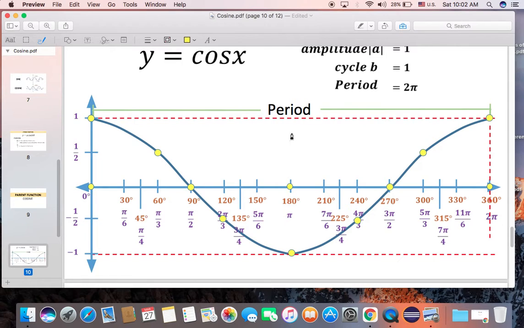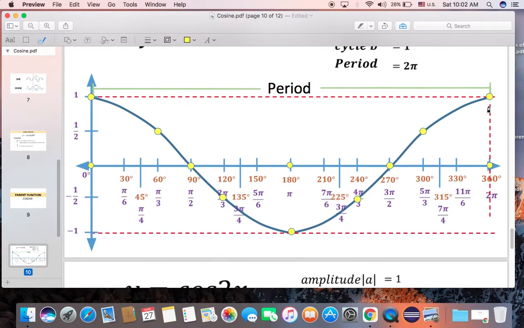The period here equals 2 pi. This is 2 pi. We just notice that if the period were equal to pi, the red straight line should be here. Understand? But it's 2 pi, so you can plot starting from 1 to pi and then move to 2 pi. The first one we start from increase, go to decrease, and go to increase again.